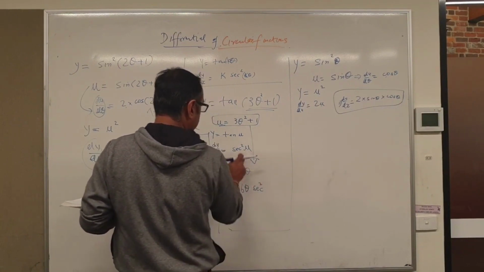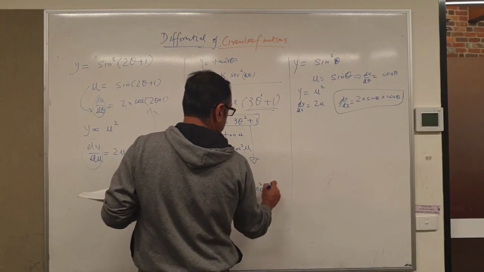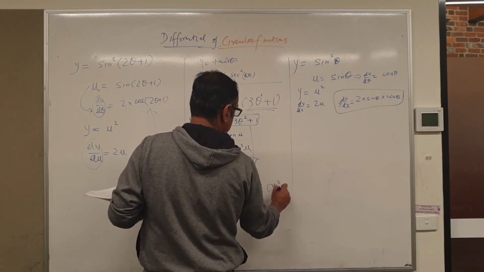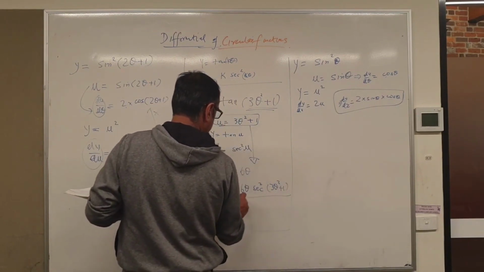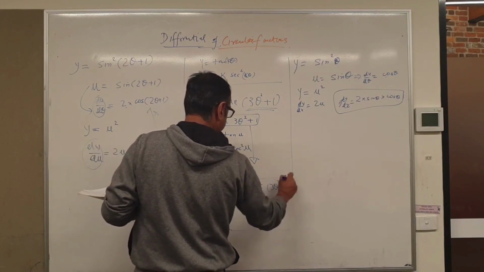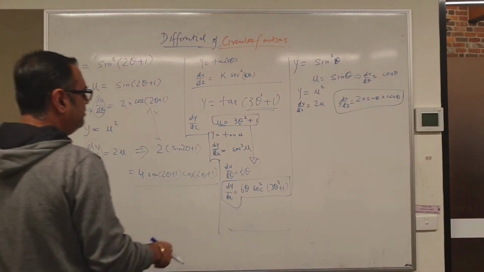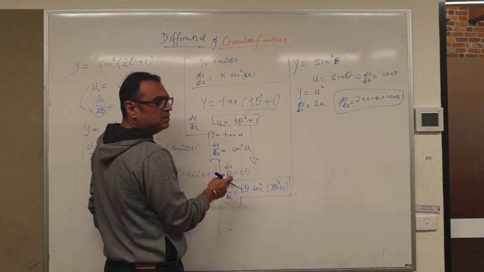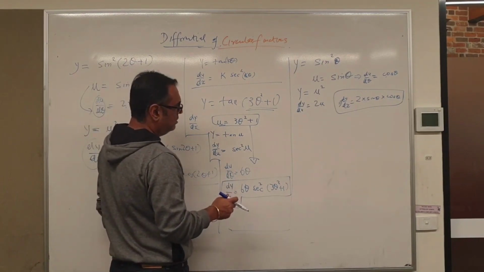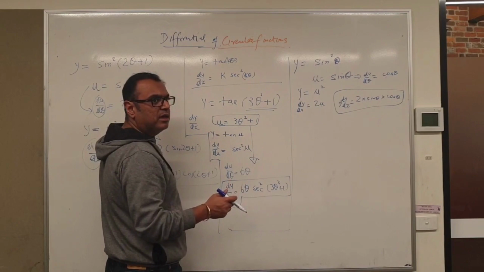Secant square u was secant square of 3 theta square plus 1. That's my answer. Where did you go wrong? You said 6 theta, no? So how come 18? Where does 18 come into the picture? The value of k. Which k?